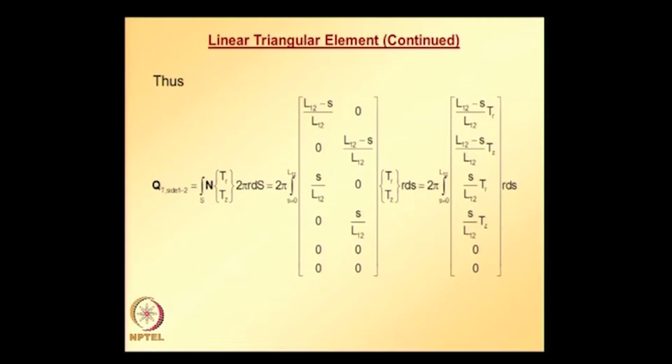If you see the final part of the equation, we have R. Please note that R can also be interpolated using finite element shape functions. That is the isoparametric mapping that we discussed earlier. So R can also be expressed as a function of N1, N2 along side 1 2.